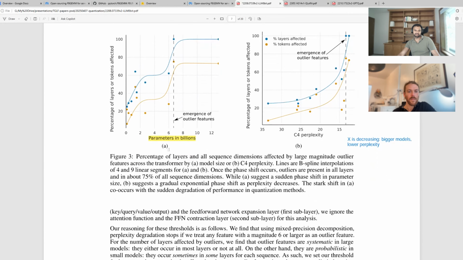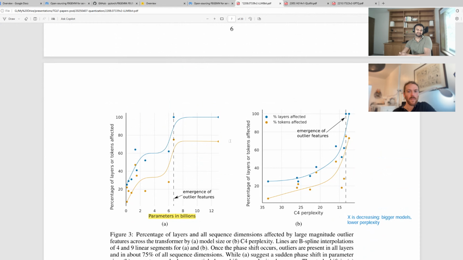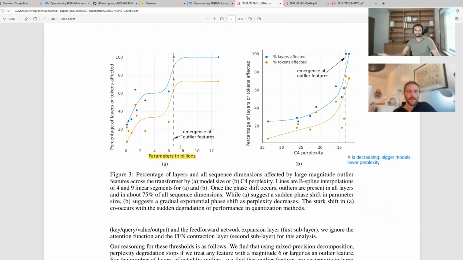In the previous graph, we saw something crazy happens at 6.7 billion, and then the quality went down. This is how they found it. They looked at the outliers, and this is the percentage of layer tokens affected. So I think they saw some emergence of outliers around this size. The solution is just to fall back to higher precision computation.